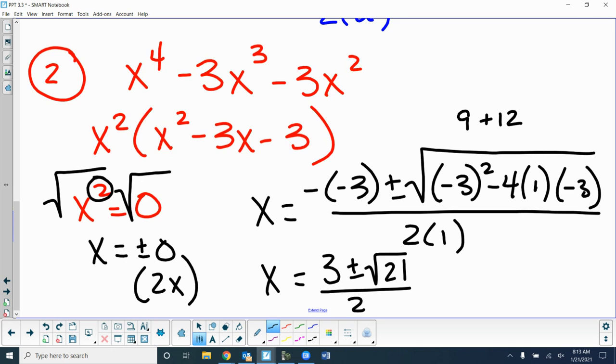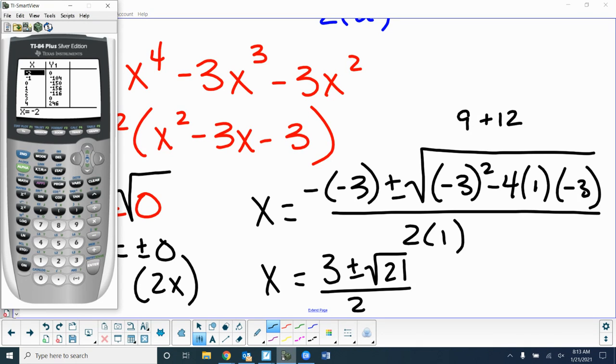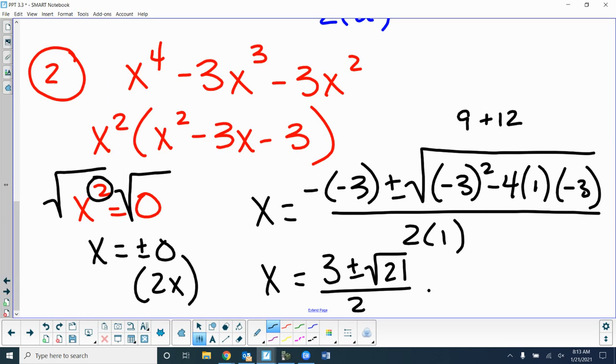If you did it in your calculator, all right, 3 plus the square root of 21 divided by 2 is 3.79 or 3.8. So your calculator will give you the 3.8.